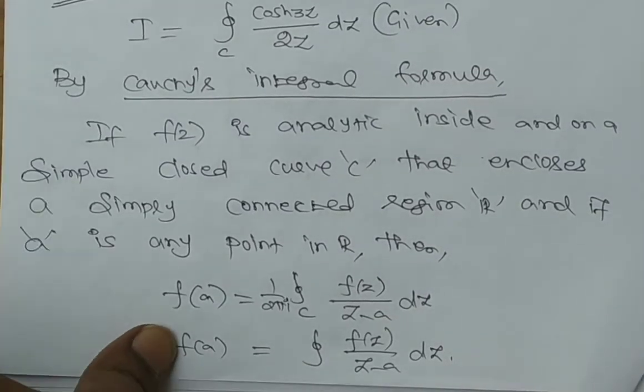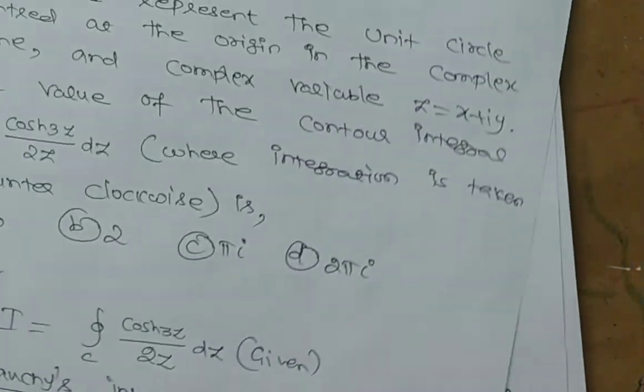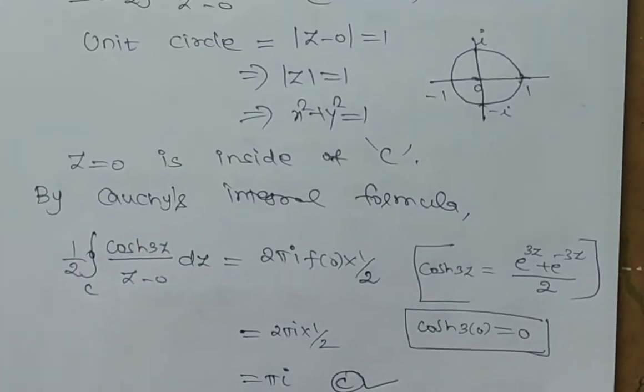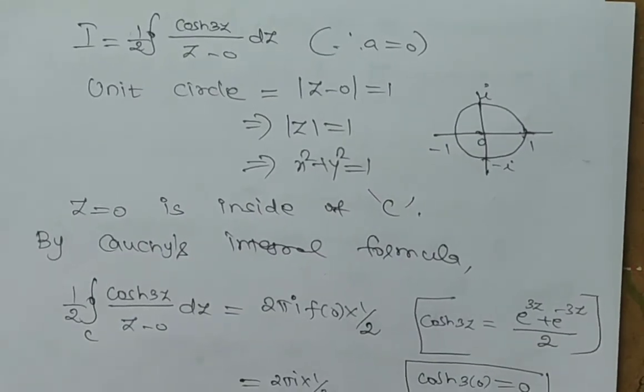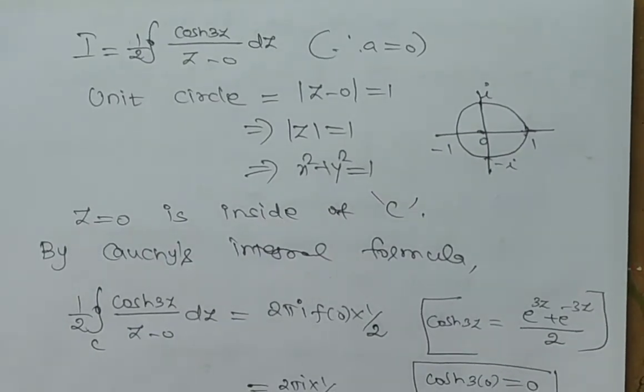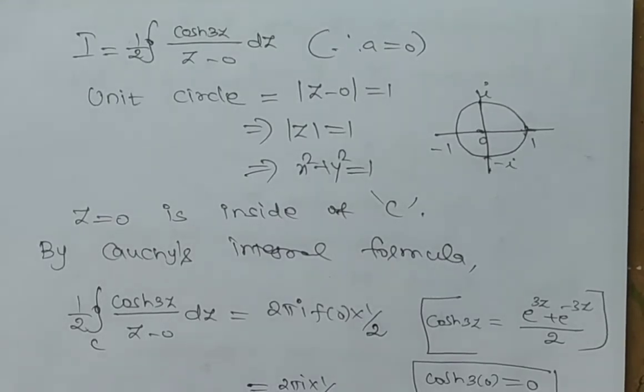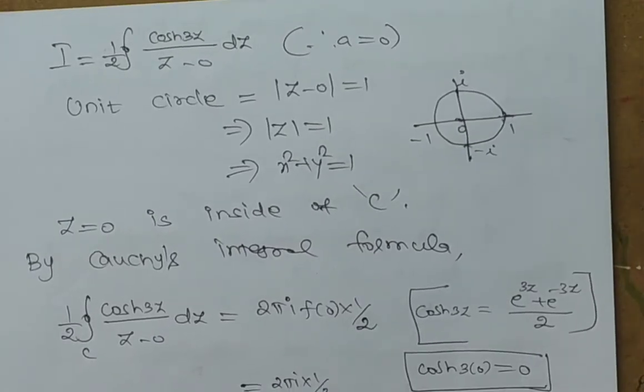Compared to this formula, in our problem the integral can be written as I equal to 1 by 2 integration of cosh 3z divided by z minus 0 dz.